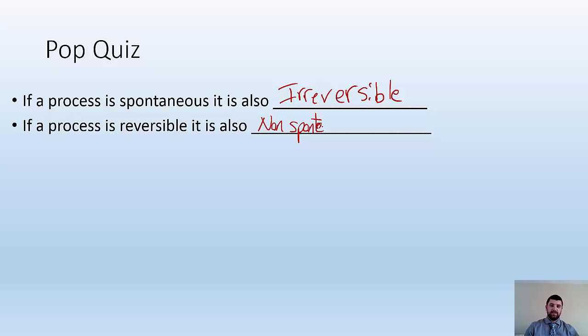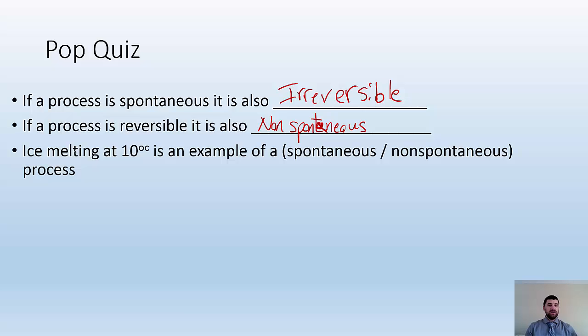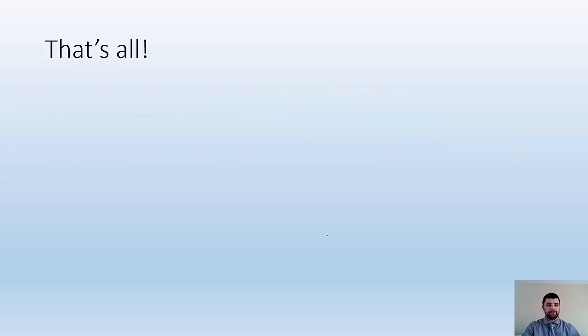I can't spell anything today. There we go. Anyway. All right, so ice melting at 10 degrees Celsius is an example of a what kind of process? Well, since it's above the melting point, it is a spontaneous process.